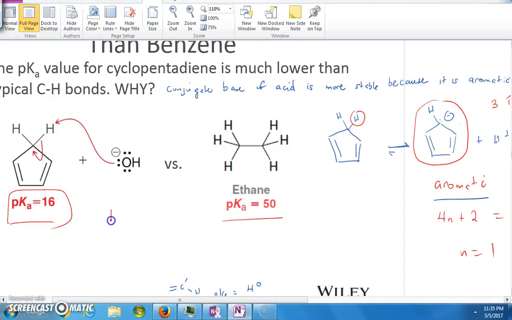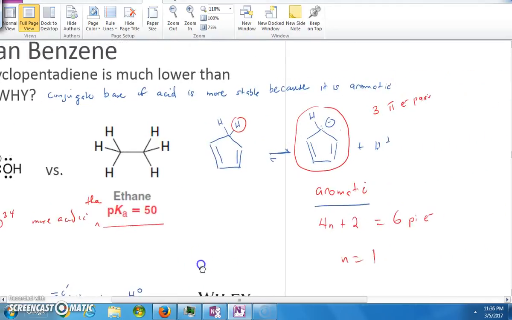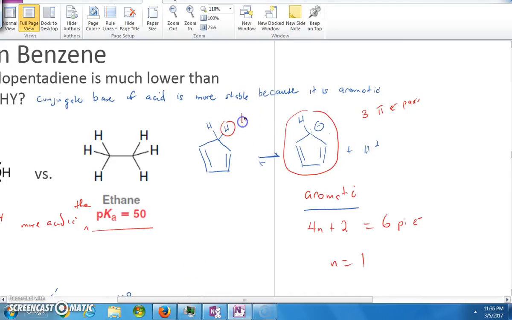In fact, it's 10 raised to the power of 34 times more acidic than the alkane. The reason is that once this proton is lost, once you have the proton transfer, it forms an exceptionally stable anion, which becomes aromatic.